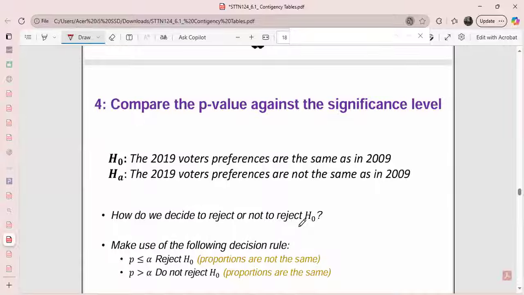The minute you reject that one, you accept the alternative hypothesis, only if you reject the null hypothesis.